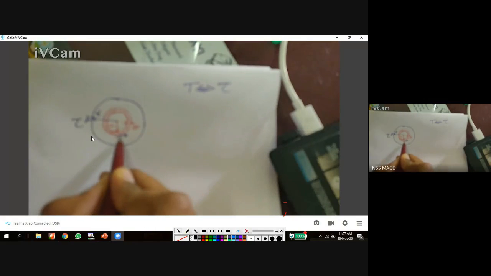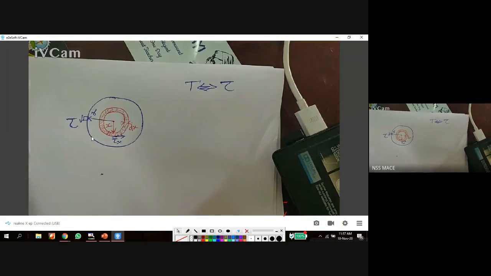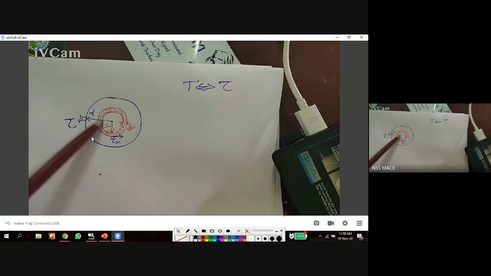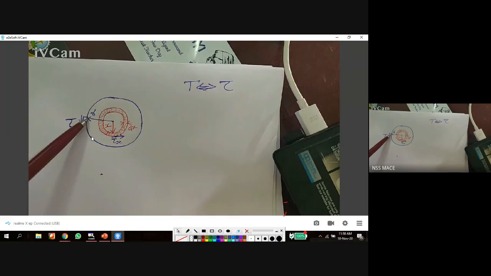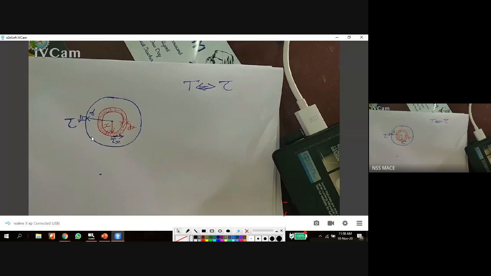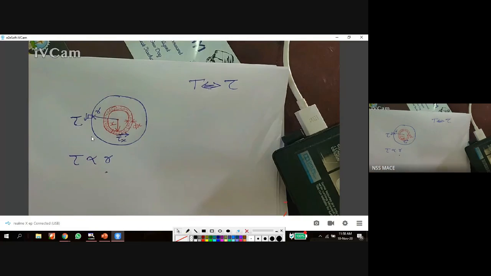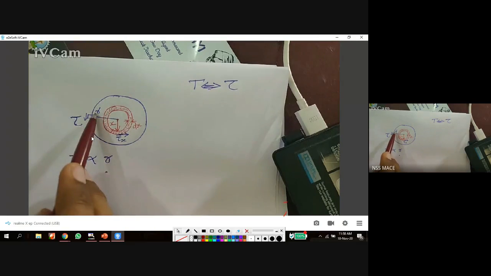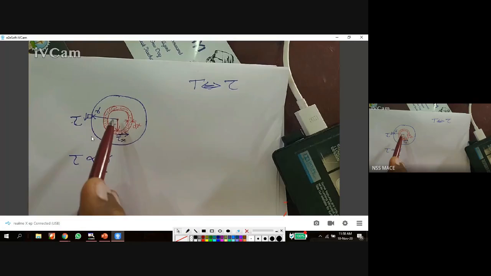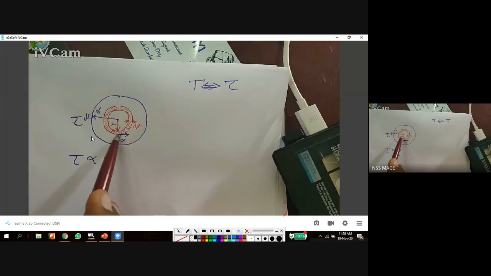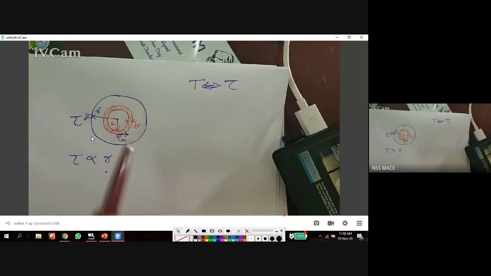Here the shear stress is different because we can see the distance from the center to this point is x, but from the center to this point is r. We already derived that tau is proportional to the distance from the center to that element. From the center to this element is r, where shear stress is tau, but from the center to this point is x, where shear stress is tau x.